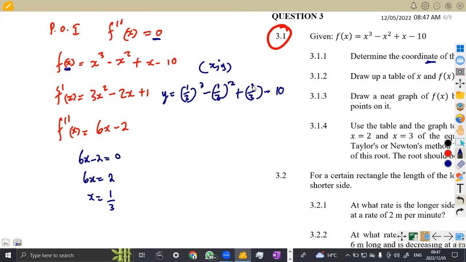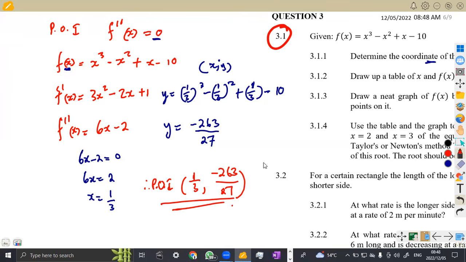We're just substituting in place of x. By doing this, we are going to find our y as negative 263 over 27, if I'm not mistaken there. So try and substitute properly. Therefore, the point of inflection is given as x, which is a third, and y, which is negative 263 over 27. All right, so that's our point of inflection.